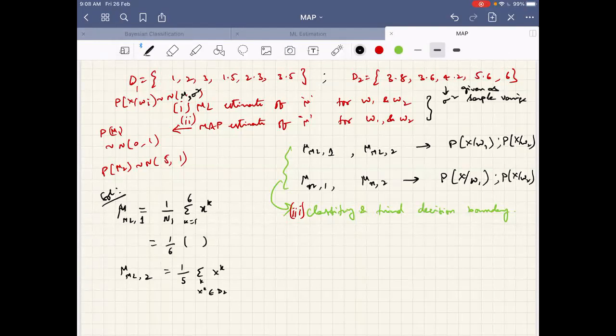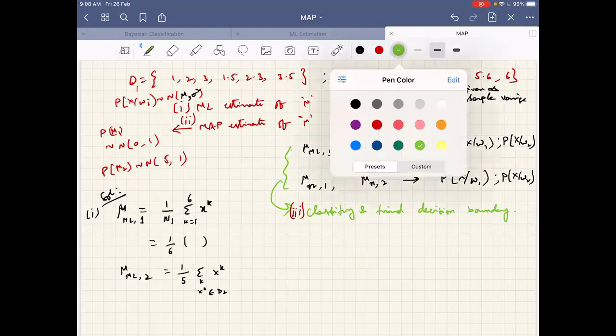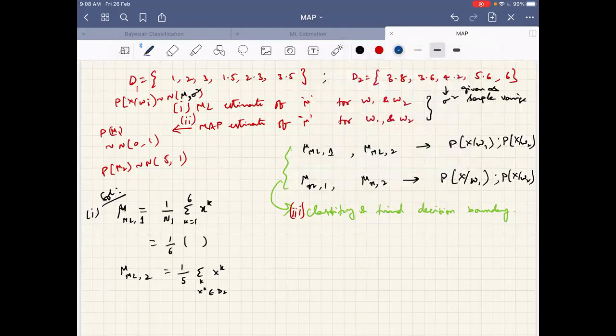Then what is the next step? I have got the ML estimates, so the first problem is solved. What is the next step? I need quick answers now. What is the second step?